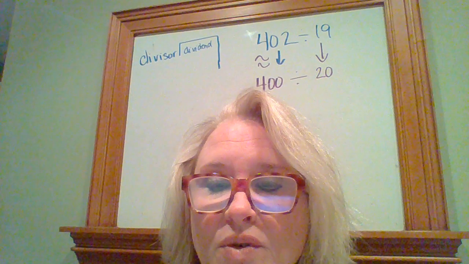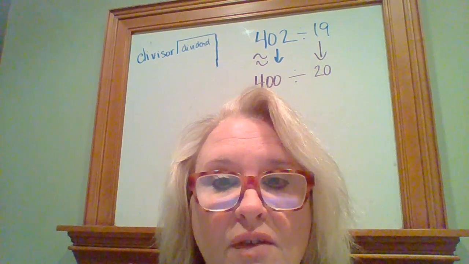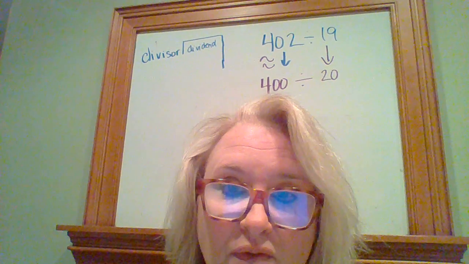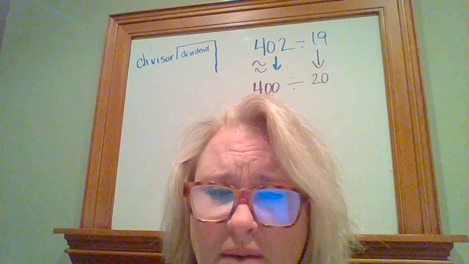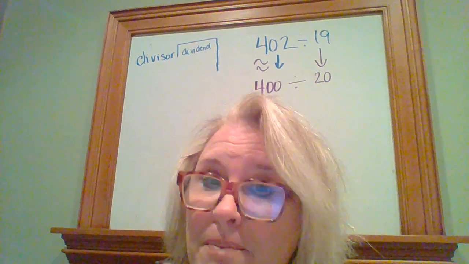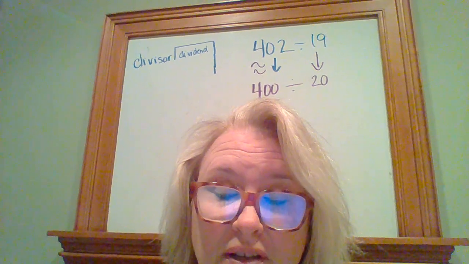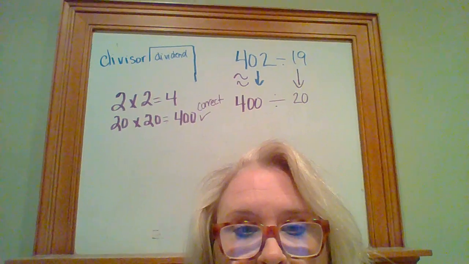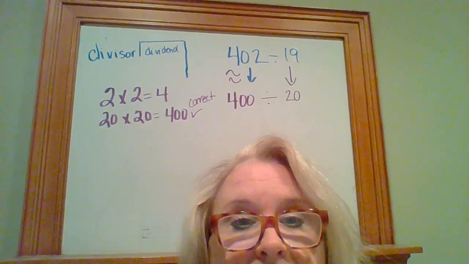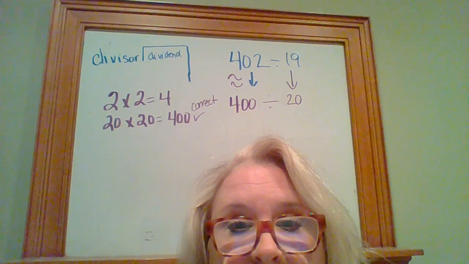What two numbers equal 4? Well, you have 20 there. You can think about it as 2 times 2 equals 4. So 20 times 20 must equal 400. Check it out. You can see that 2 times 2 does equal 4, and 20 times 20 equals 400.